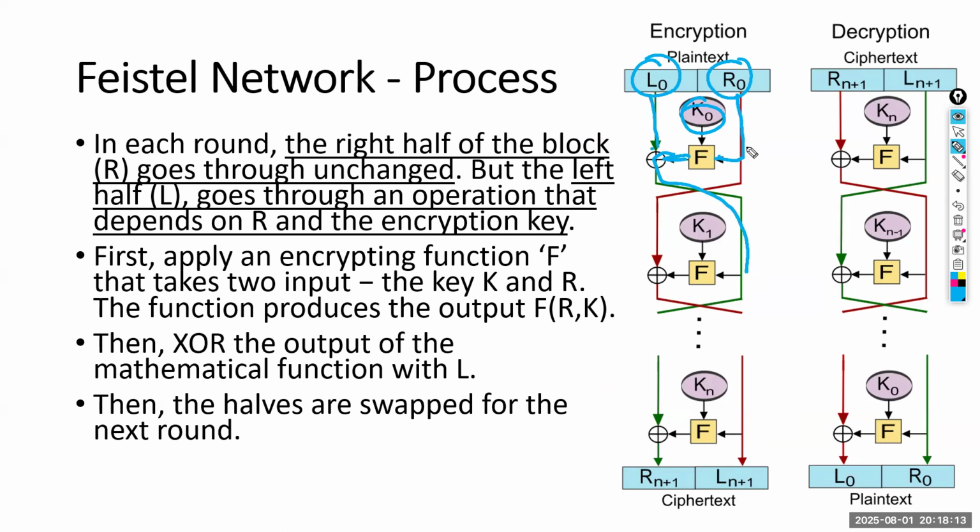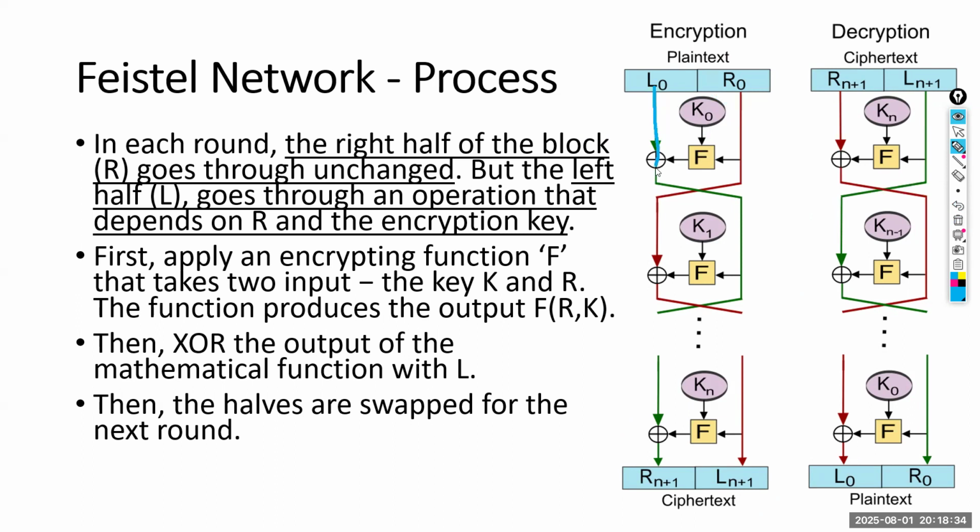Now you can see that it is getting swapped also. Your left half, right half is now your left half. But you can clearly see that this part is encrypted. This part just goes as it is. Sorry, I made a mistake.